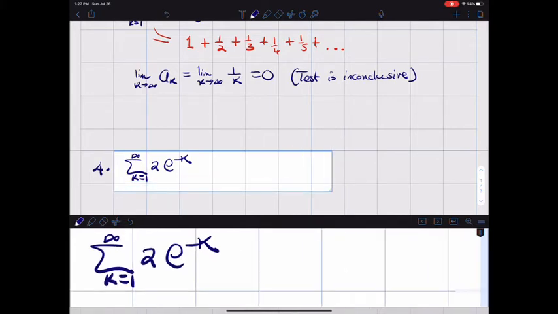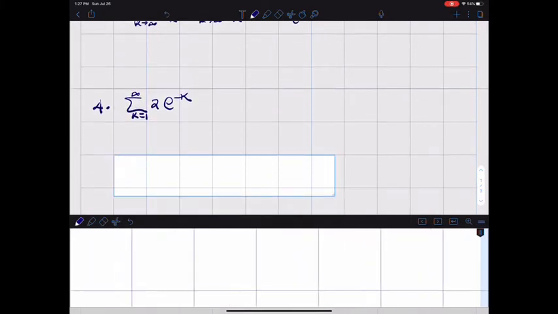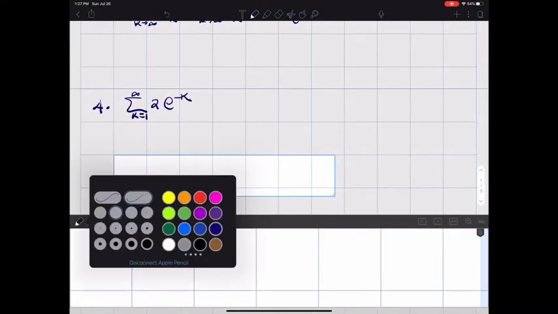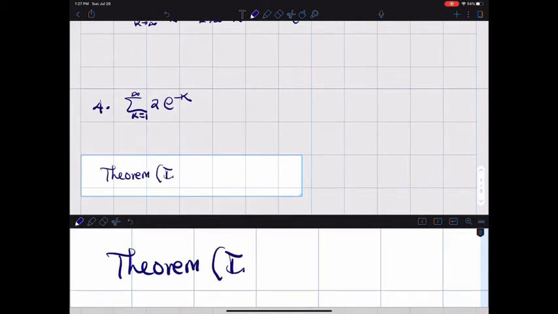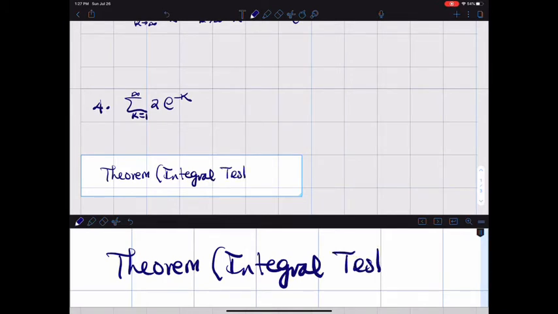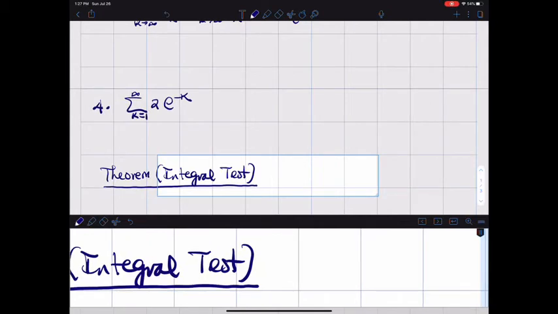Let's do another test. The integral test. All right.